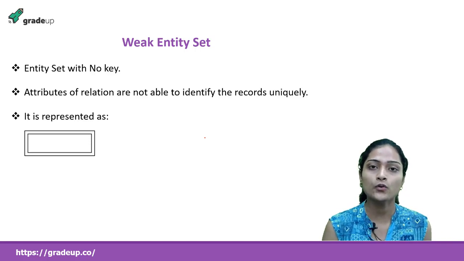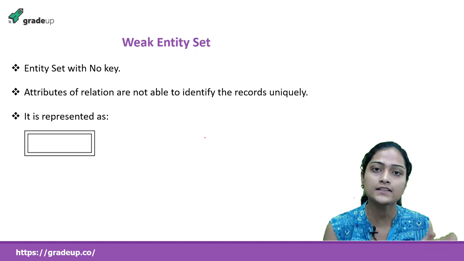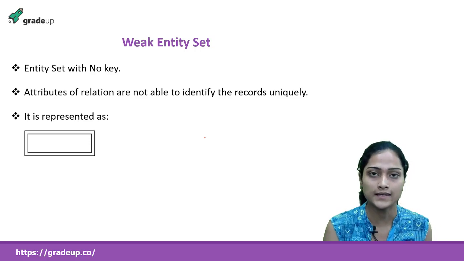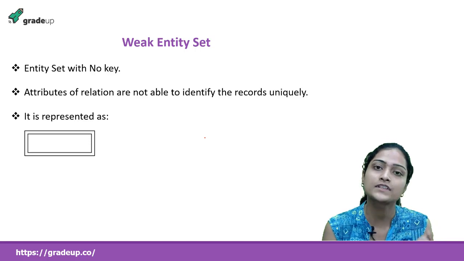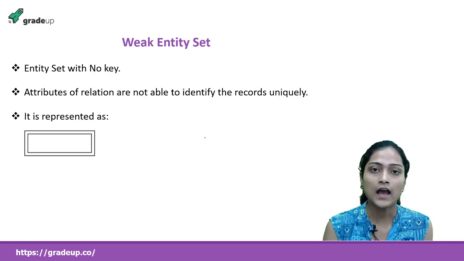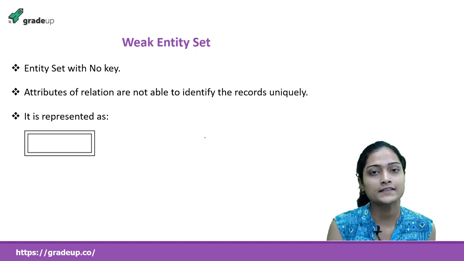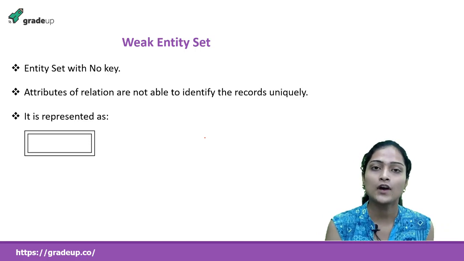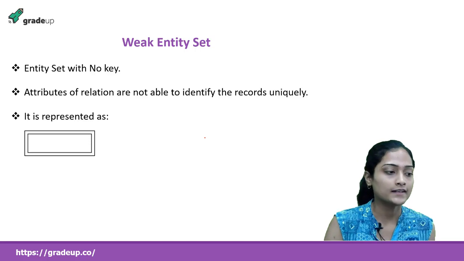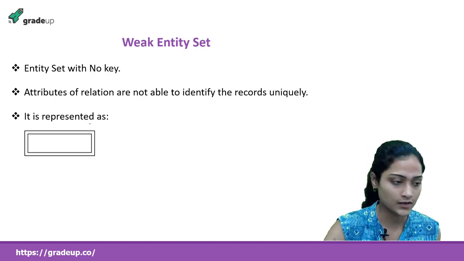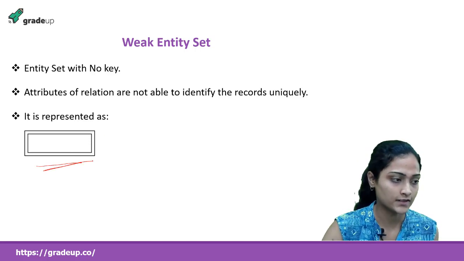What I have told you is that an entity set is a relation and each and every relation is going to have a key, because there are some attributes which can determine or identify the entities uniquely. But in some cases it is not possible. You are having some repetitions in your data. So that particular entity set is known as a weak entity set, and weak entity sets are represented by double rectangles. You can see here.